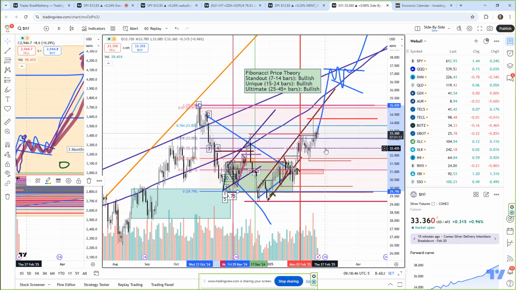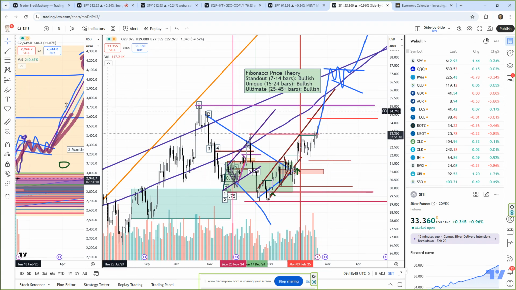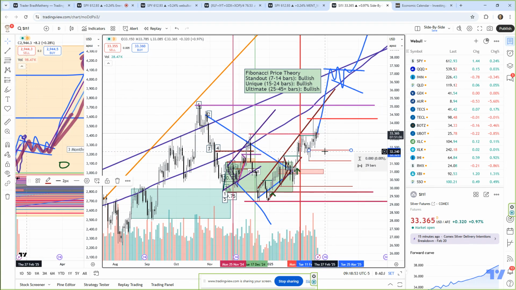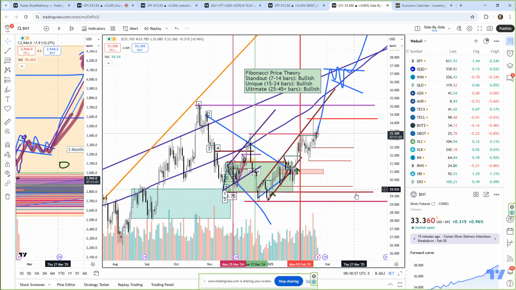Let me get rid of these Fibonacci retracements, and give you an idea that we have another little standout low right there. So at this point, a pullback would try to move down to these two levels, either here or here. A rally would try to move up to this level or higher.